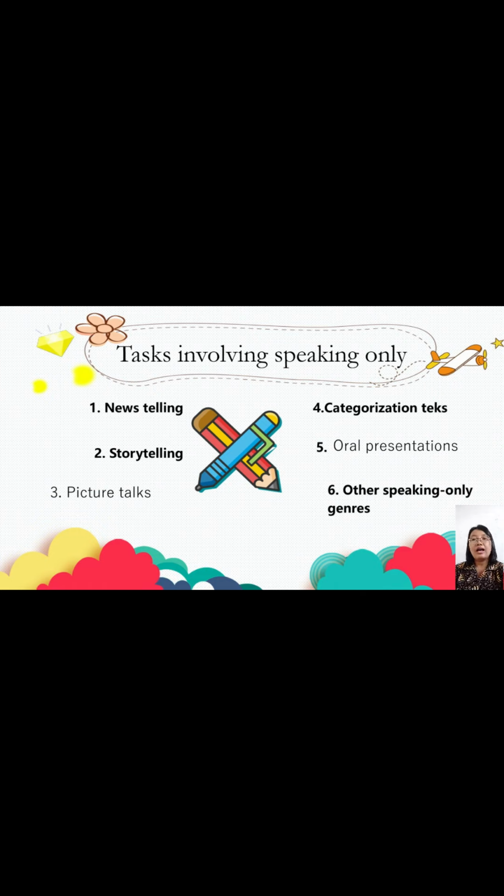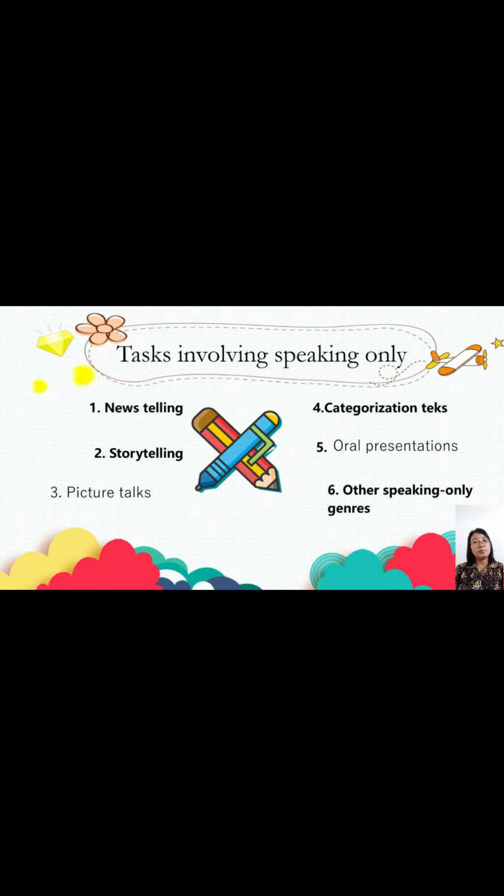First, news telling. This text assesses children's ability to convey information to the audience with adequate detail in appropriate sequence. The ability of the children in the audience to listen carefully for detail and to generate questions can be assessed. And then second, storytelling.